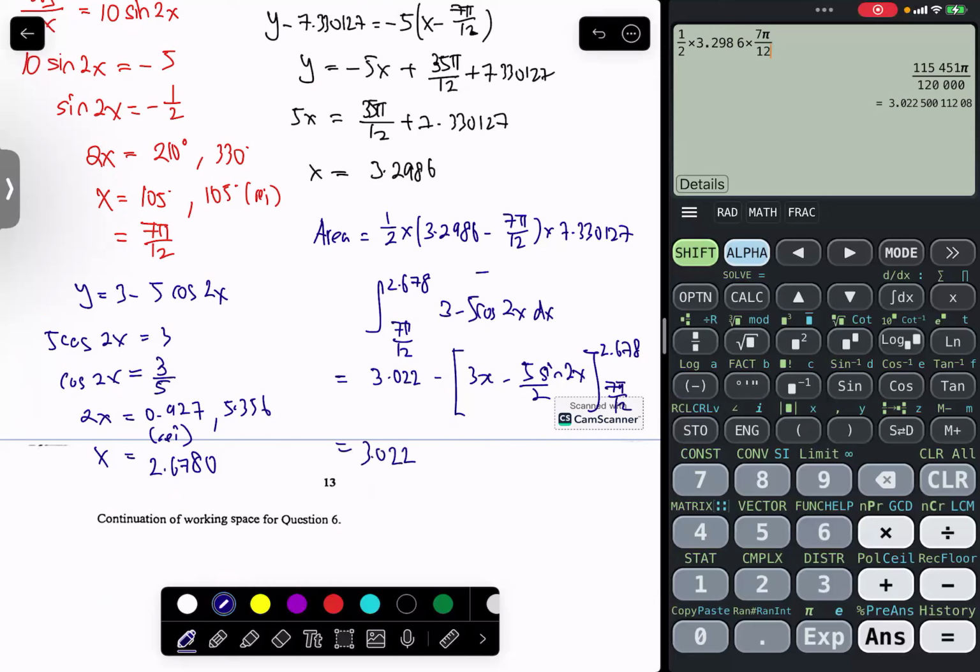Okay, so that will be 3.022 minus, 3 times 2.678 minus 5 over 2 sine of 2.678 times 2, first part, minus bracket 3 times 7 pi over 12 minus 5 over 2 sine 7 pi over 6.